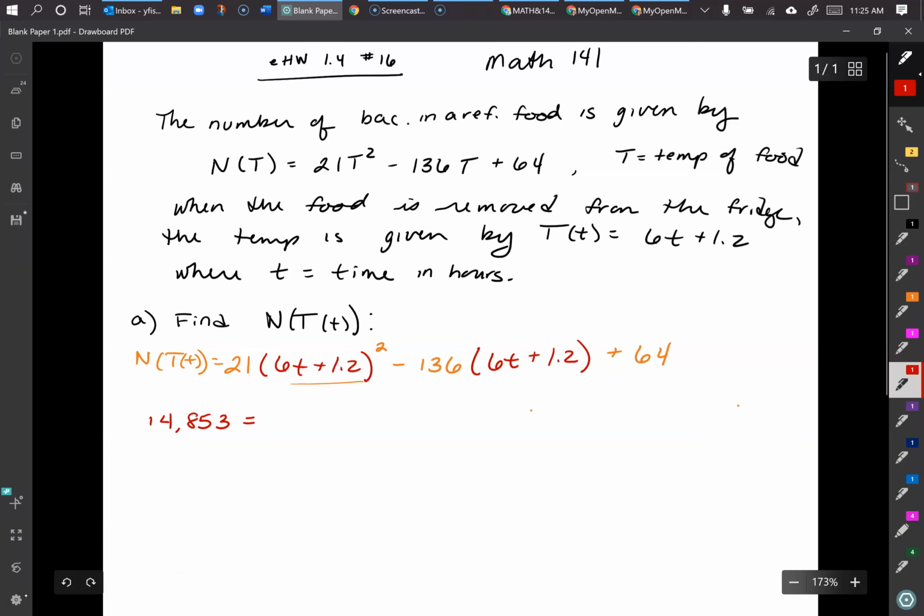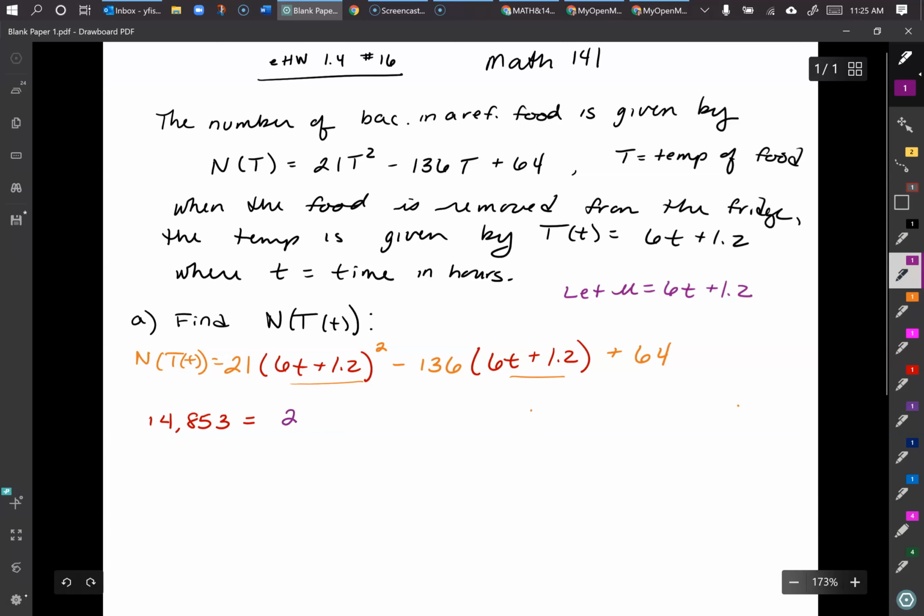You may have learned this in Math 99 or whatever algebra you took. I can let U equal 6t plus 1.2, and then I can solve and factor.